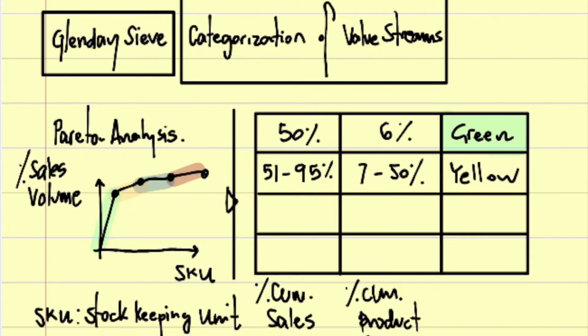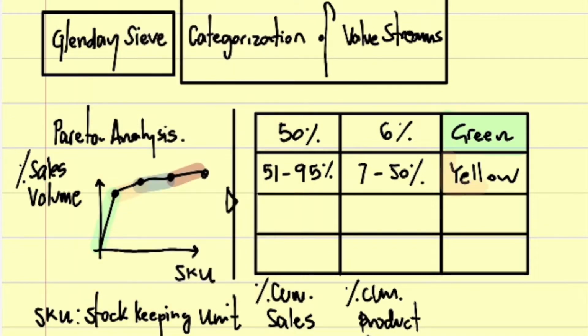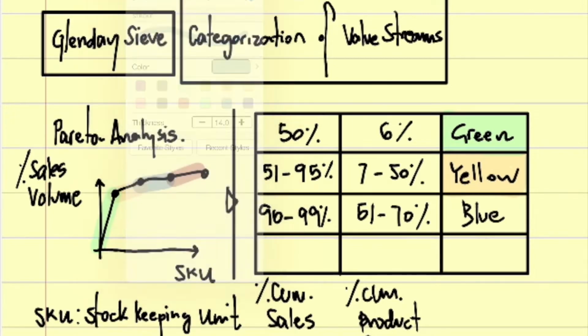These are the yellow products. Then from 96% to 99% or more, and from 51 to 70% of the SKUs, I have the blue products. We will see in a minute what we do with all these 4 categories: green, yellow, blue, and red.